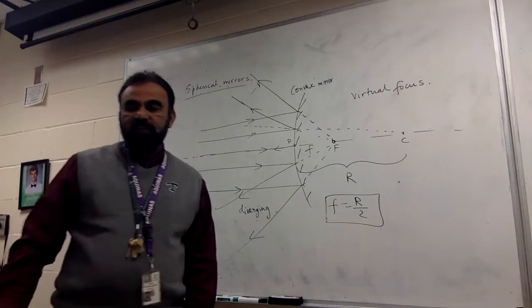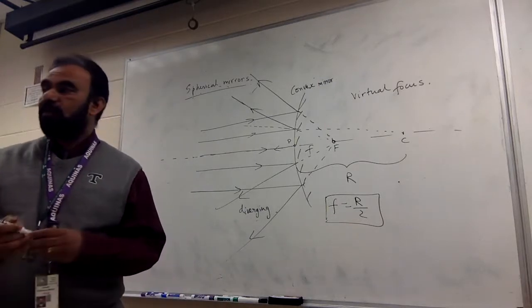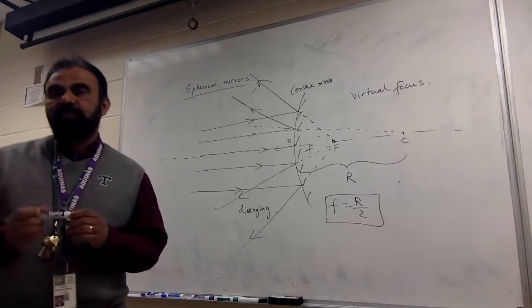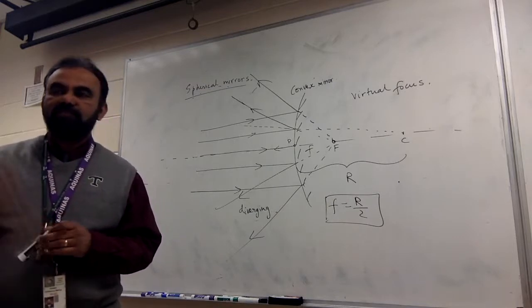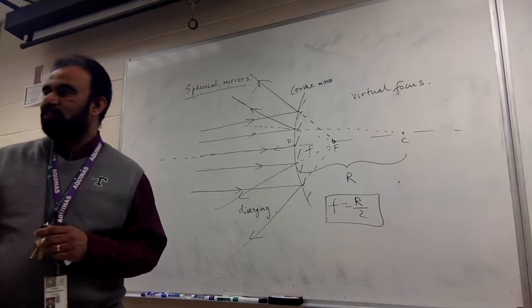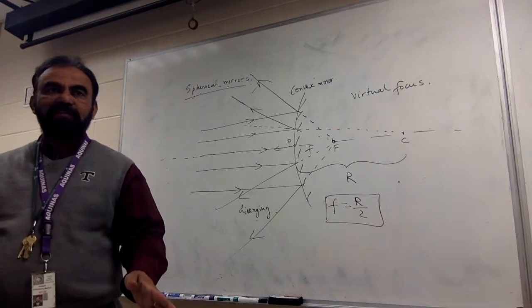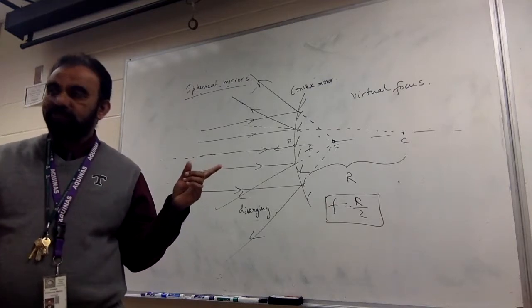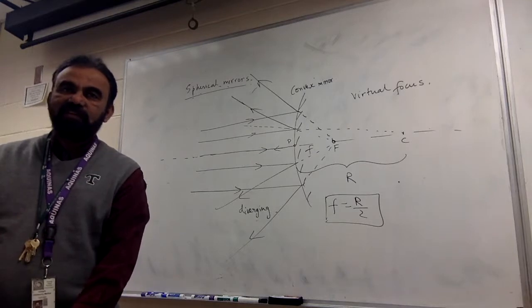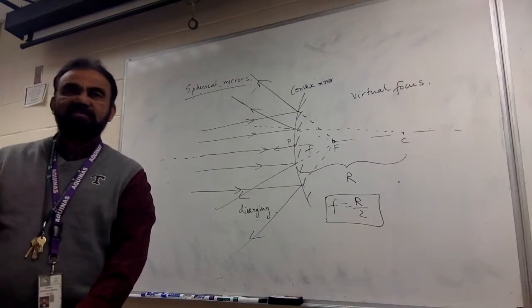Now you have to be very careful with this term virtual and real, because when we solve problems with mirrors, we will need to put sign conventions. Just like in equations of motion we put sign conventions: forward positive, backward negative, same way. In optics, the book uses a different kind of sign convention, and therefore they use different equations for mirrors, lenses, and all that.